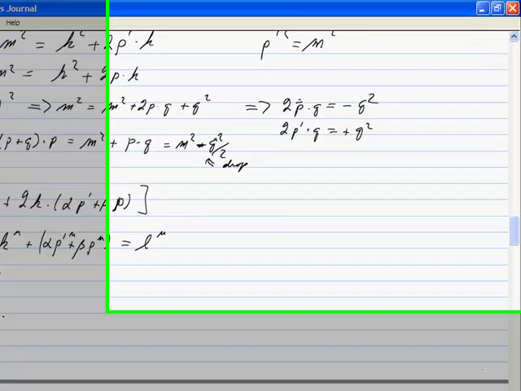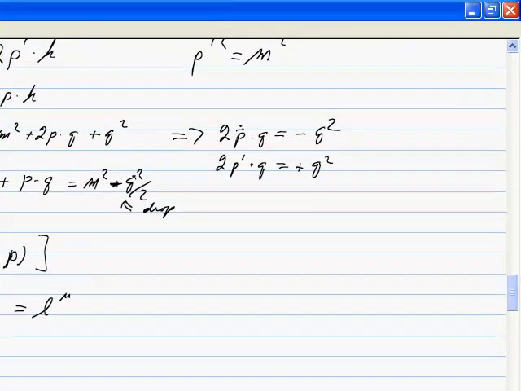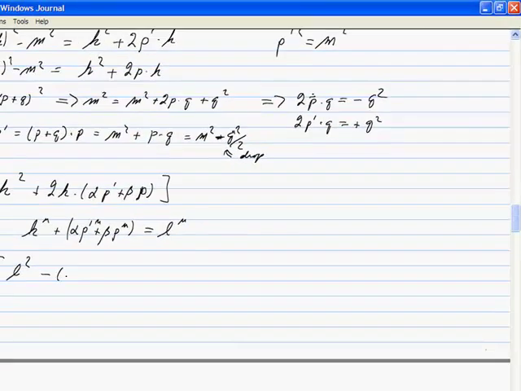So L squared takes care of that term, the next term, and then you get an extra square, so you have to subtract off the square. Becomes minus alpha p prime plus beta p squared.